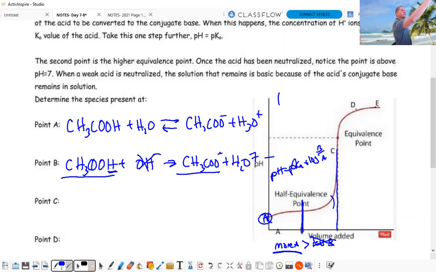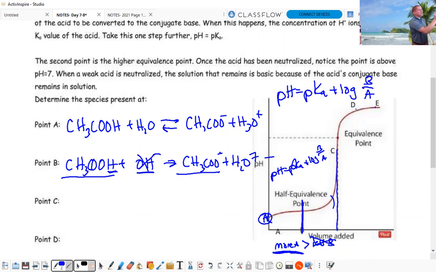So if we look at this equation, pH equals pKa plus the log of the base over the acid. Remember, you have more acid. Now, we're not talking about the OH minus base here. We're talking about the conjugate base. So we're comparing the ratio of the acid CH3COOH to its conjugate base CH3COO minus.